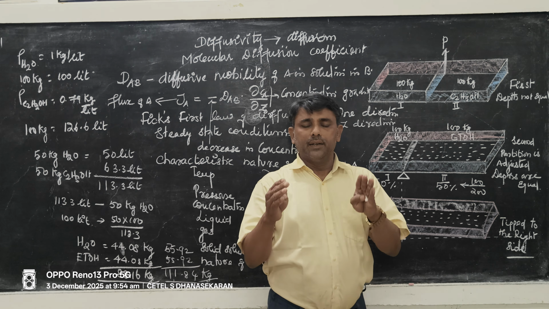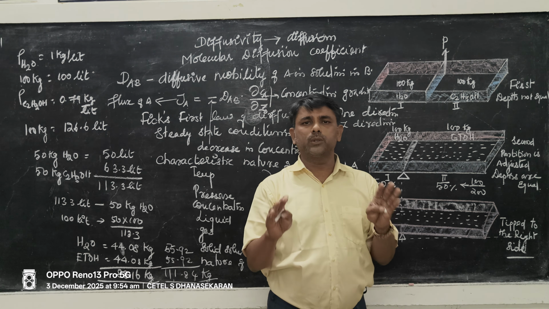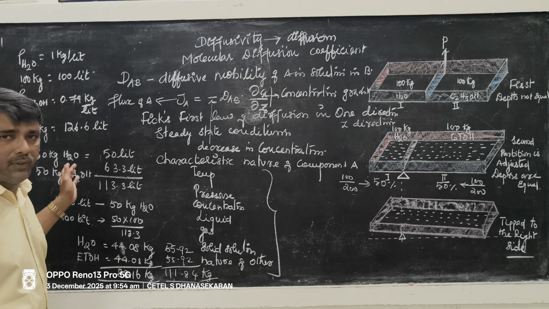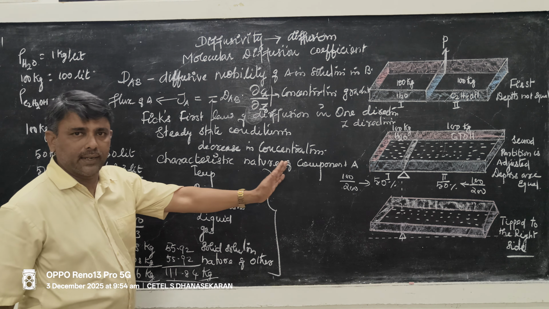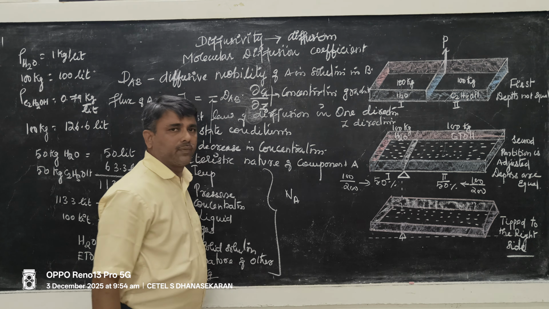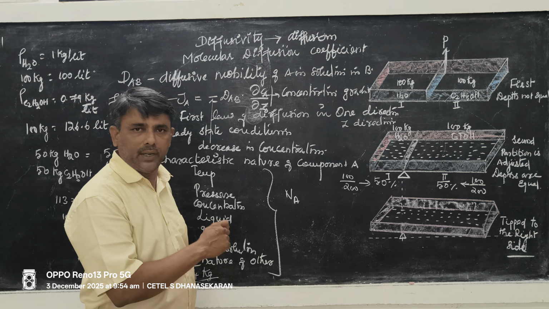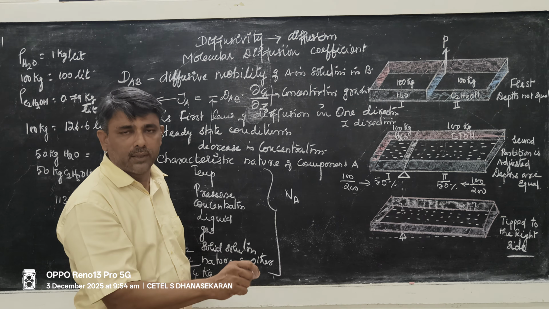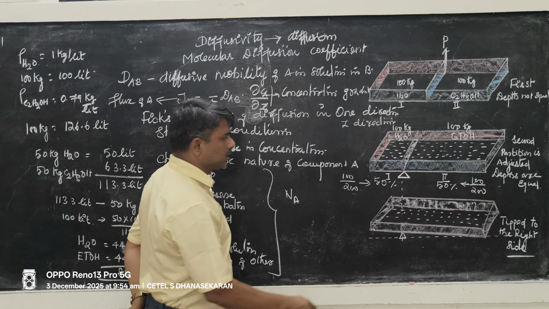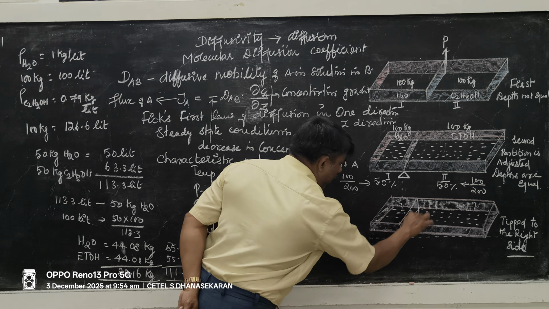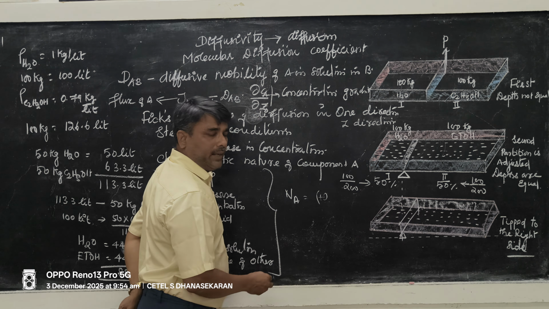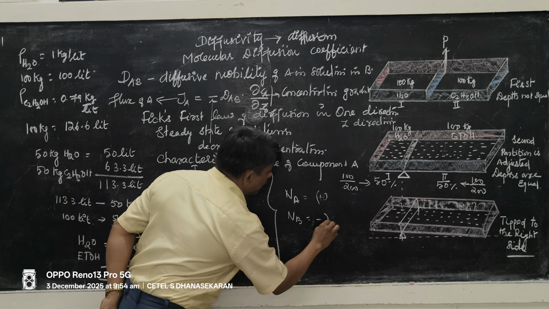This is the diffusion characteristics of each compound present in the process. Clear? Right. If movement to the right hand side is taken as positive, then Na is positive. Na is the flux of A with respect to this fixed location. Similarly, Nb is negative.